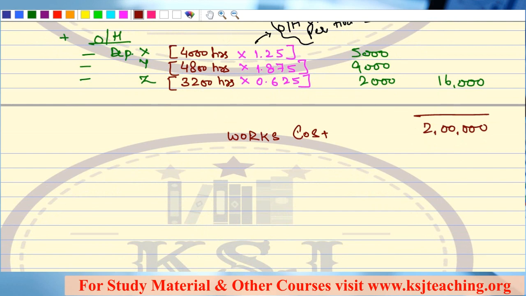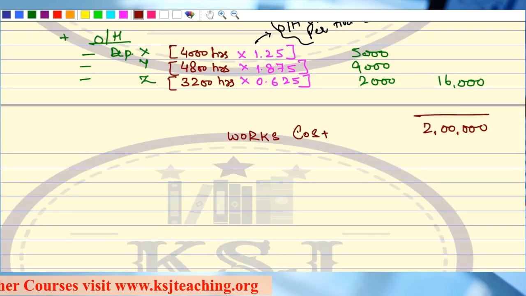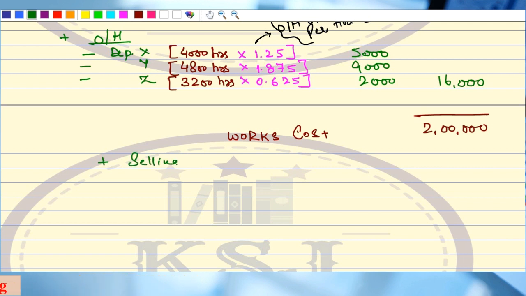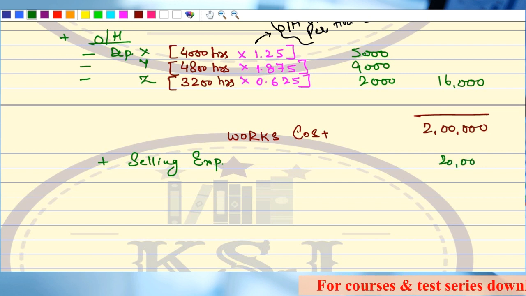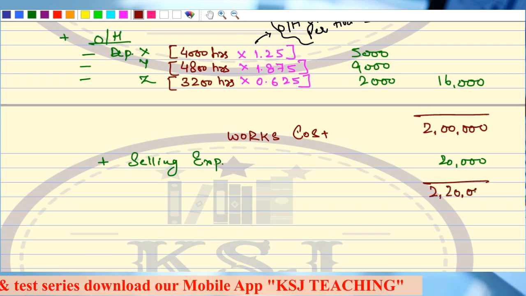Right? Now, what else is given to us? The selling expenses are given to us as 20,000. I'll add selling expenses, that is 20,000. From selling expenses, that is 2,20,000 is the total figure.